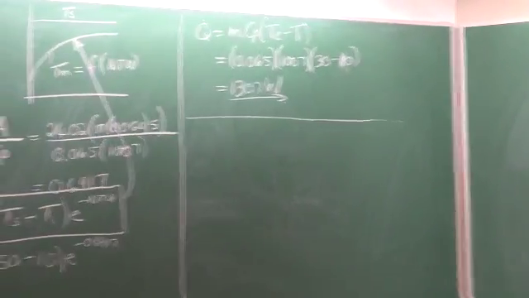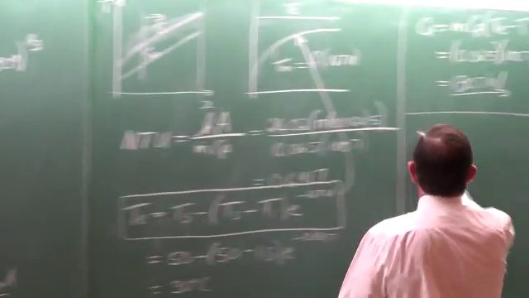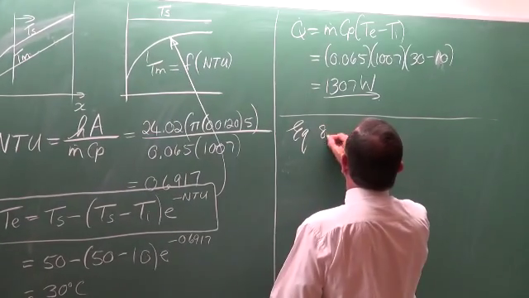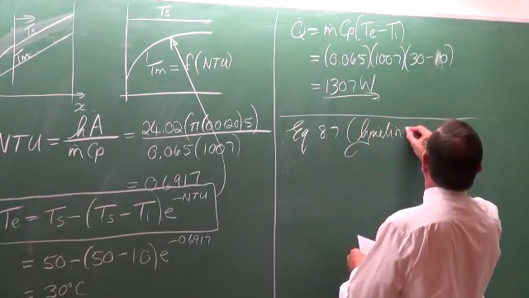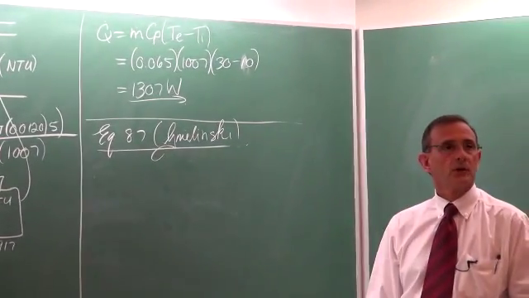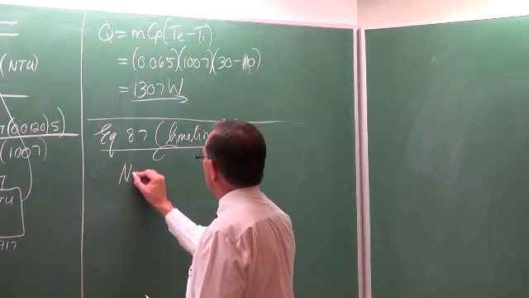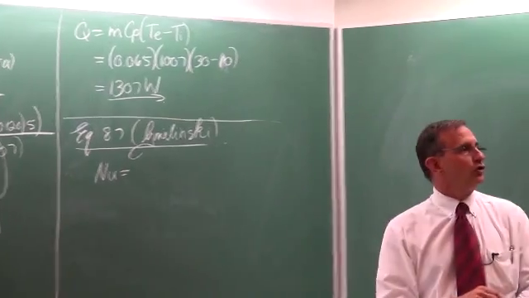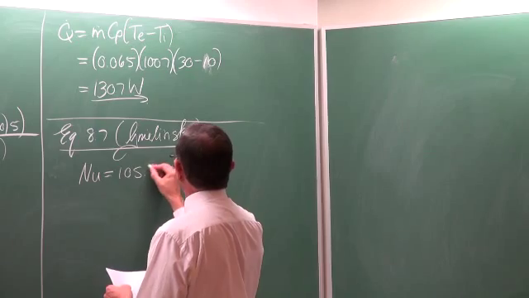Remember, the question was determine the heat transfer rate using equation 8.66 and equation 8.71. Okay. So now we have to use equation 8.71, which is the equation of Gnielinski. I'm not going to write out everything, but if you go and do the calculations, then you'll see the Reynolds number is equal to 105.2.